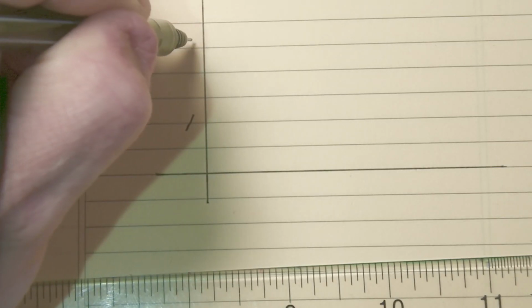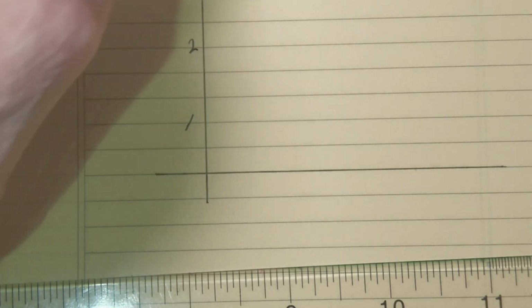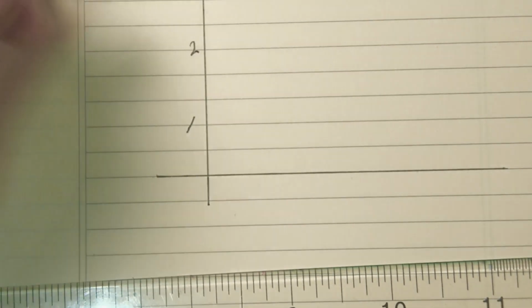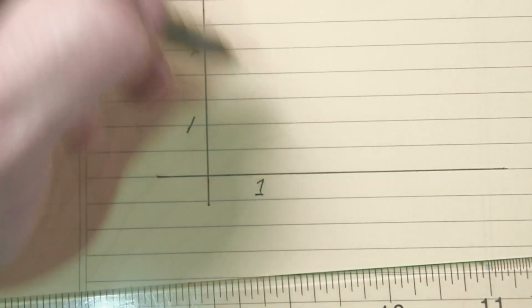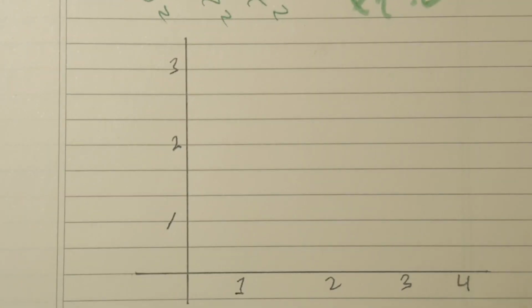Count 1, 2, skip 2, 3, okay. And then 1, 2, 3, 4. Okay. So I stuck in 4 and I got back 2.